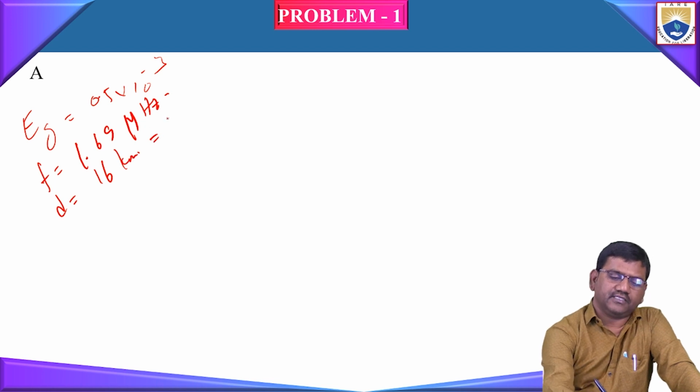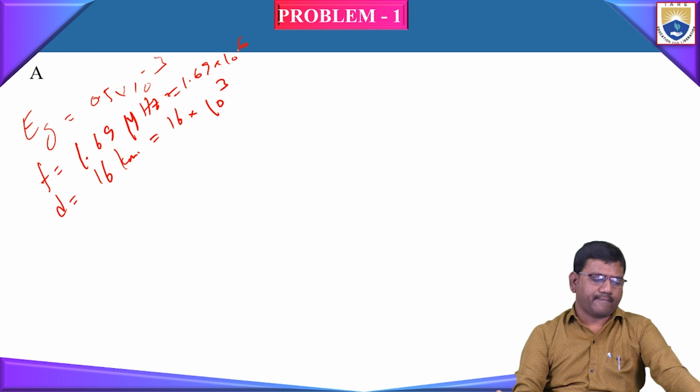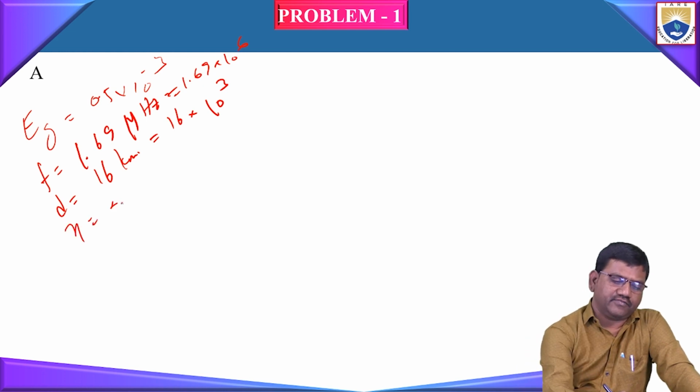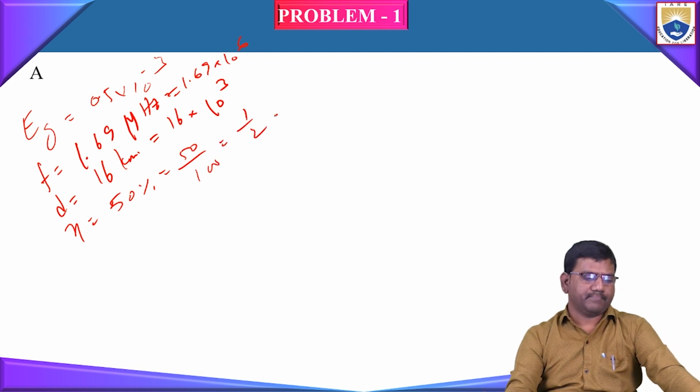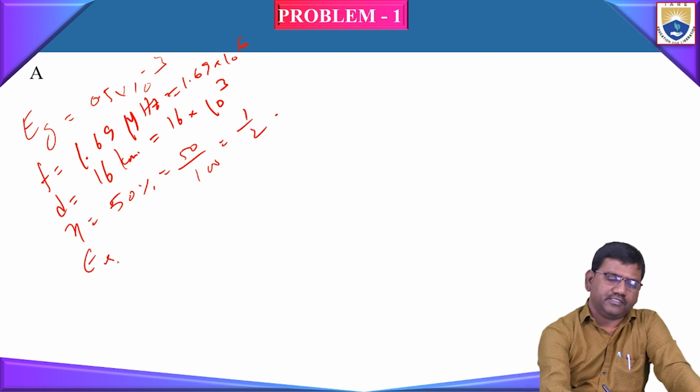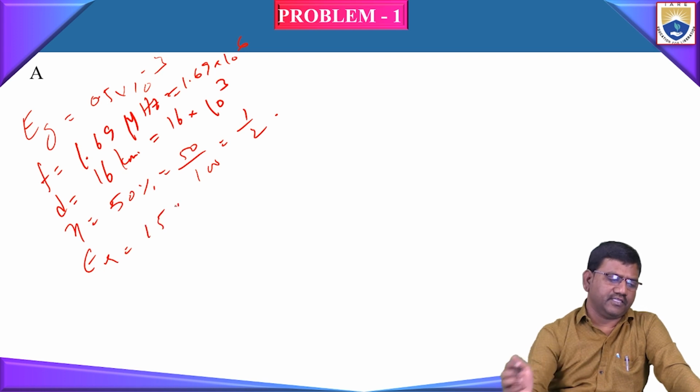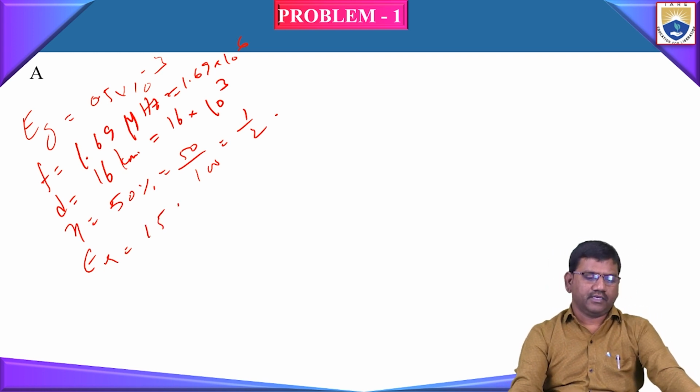In SI units, we can write 16 into 10 power 3, and similarly the frequency can be written as 1.69 into 10 power 6. The efficiency is given as 50%, which is 50 by 100, equal to 1 by 2. And epsilon r is equal to 15. This is the data given in the problem.